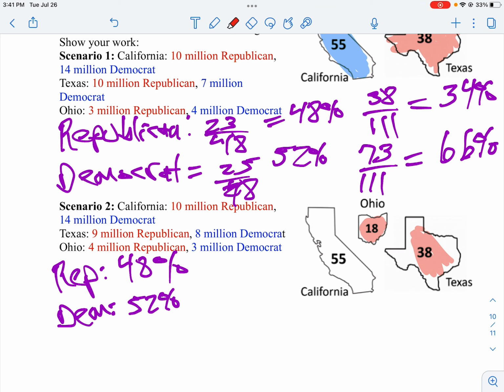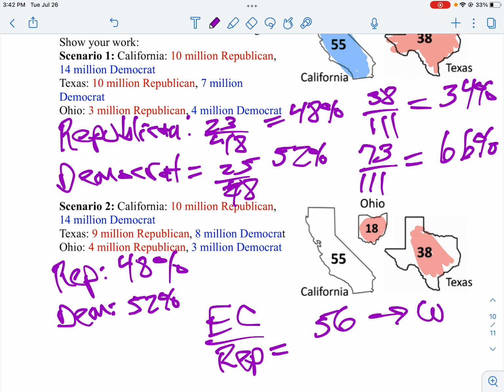So now if we look at the Electoral College, which I'll abbreviate EC, the Republicans are going to have 38 plus 18, or 56 electoral votes, which, if we just had this country with these three states, would end up being the winning percentage. 56 divided by 111.